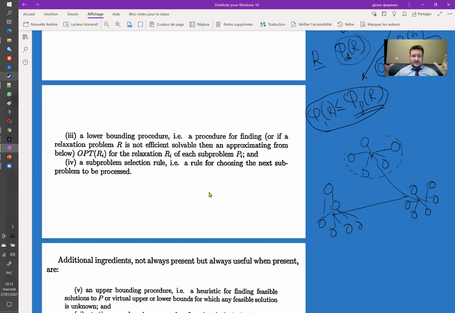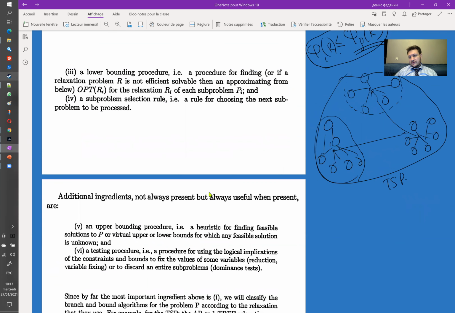It's a very straightforward way to split our problems, the TSP for these three cities, into smaller ones. This one, and this one.